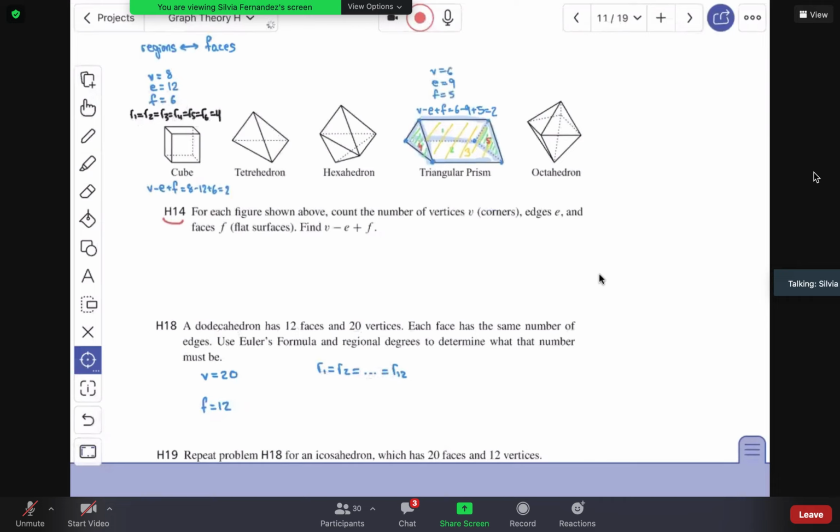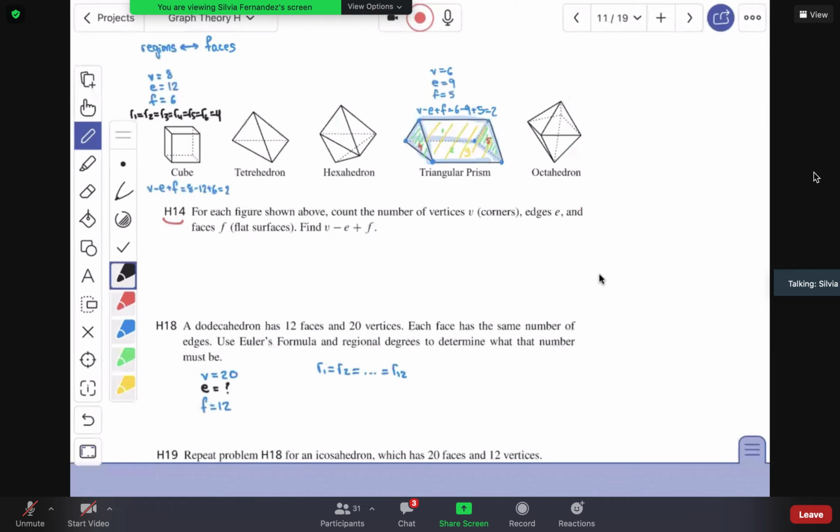But anyways, this is the information that's given: 12 faces, 20 vertices. Each face has the same number of edges, so the regional degrees are the same. Use Euler's formula and the regional degrees to determine what that number must be, meaning this common R value. So the number of edges we need to know.